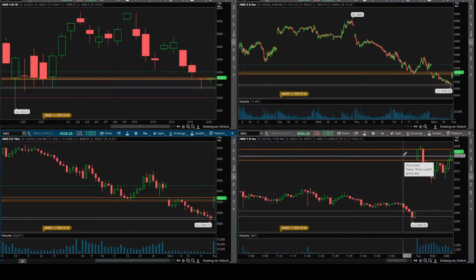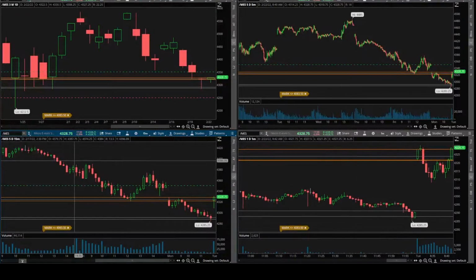It seems like we're going to. Nasdaq strong. Nasdaq right at its overnight high right now. E-mini looking pretty strong.